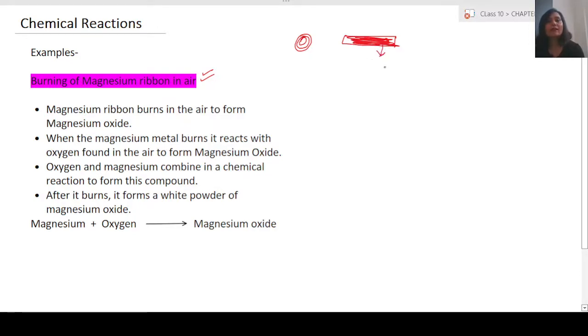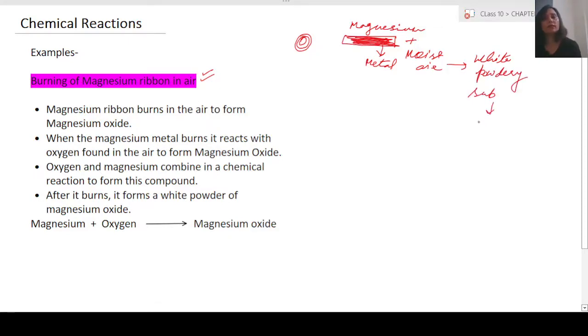You know that magnesium is a metal, so obviously it is reactive in nature. When the magnesium ribbon is in the lab, it slowly reacts with the moist air and forms a white powdery substance over the ribbon.